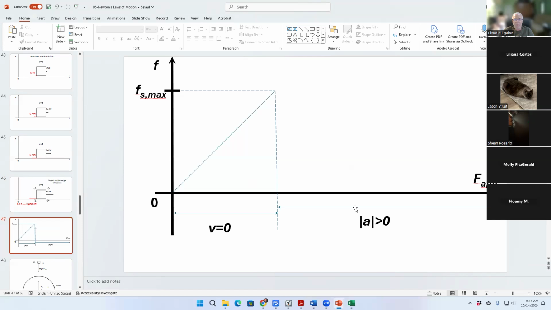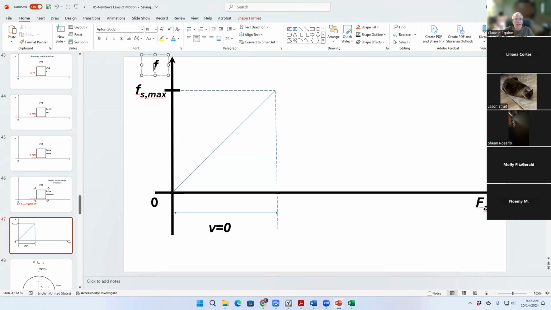Applied force, force of static friction. So as the applied force increases and the object is still at rest, it means that the force of static friction is also increasing, until it reaches a maximum value. This maximum value is given by the relationship that you saw there.